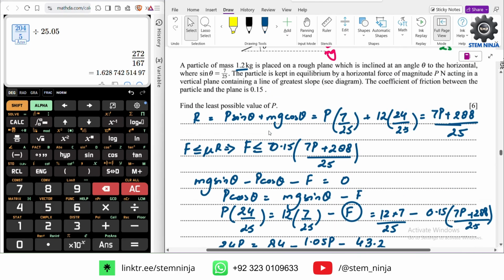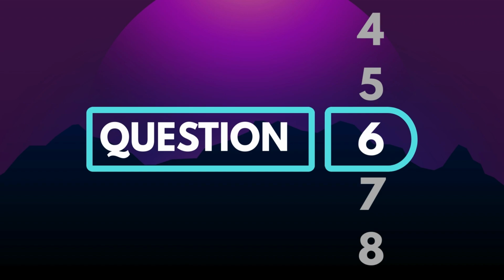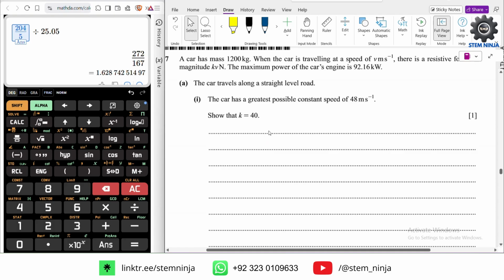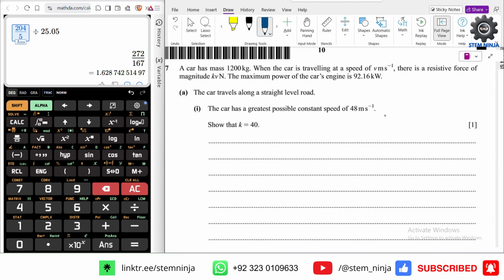Let's move on to question number 7. A car has mass 1200 kg. When the car is traveling at a speed of v meters per second, there is a resistive force of magnitude kV newtons. Maximum power of the car's engine is this.